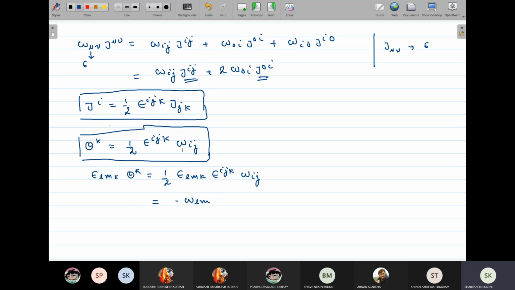So you can invert this relation and write omega in terms of thetas. So omega_lm is equal to minus epsilon_lmk theta_k. Or, taking the index up, there will be a relative minus sign, so it becomes plus epsilon_lmk theta^k.